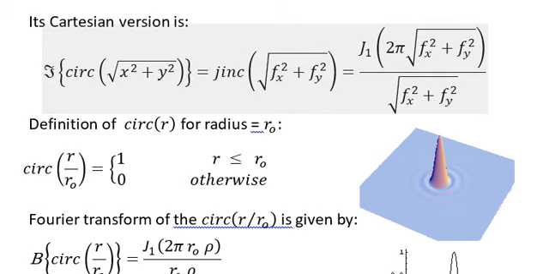So rho will be replaced by the square root of fx squared plus fy squared, and that is equal to J1 of 2 pi times the square root of fx squared plus fy squared, divided by the same term, the square root of fx squared plus fy squared. So you see that we have given the Fourier transform of the circ function in polar coordinates as well as in Cartesian coordinates.